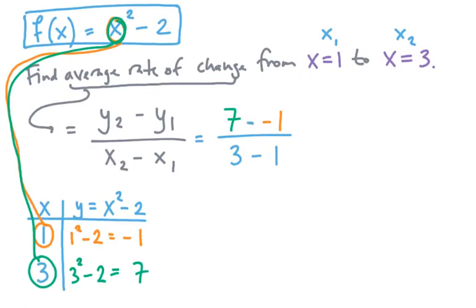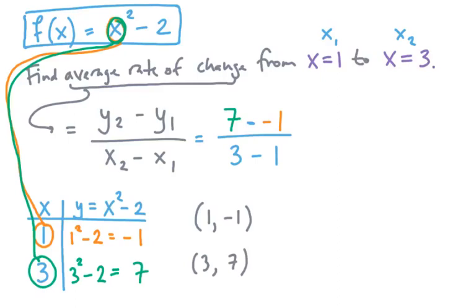So I need to take the difference in the y values and divide by the difference in the x's, just so it's super clear, because this could be a little confusing. Basically what this means is when x is 1, y is -1. When x is 3, y is 7.